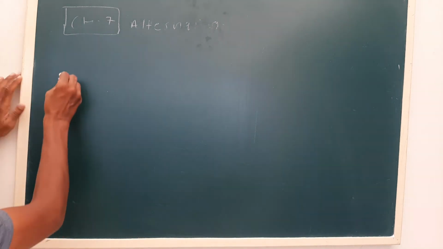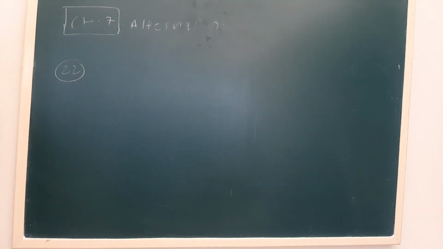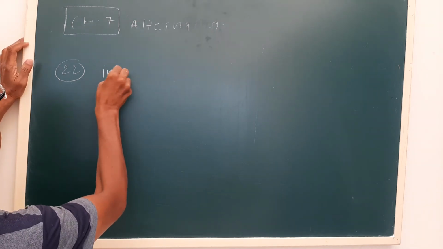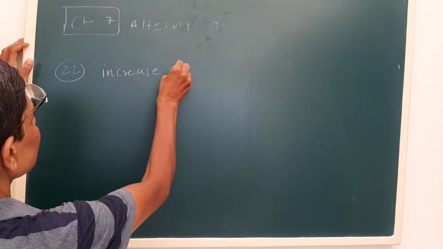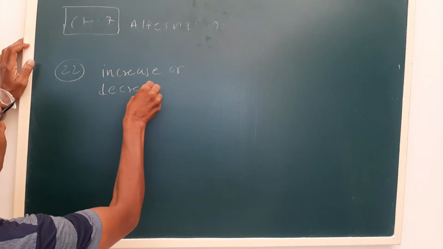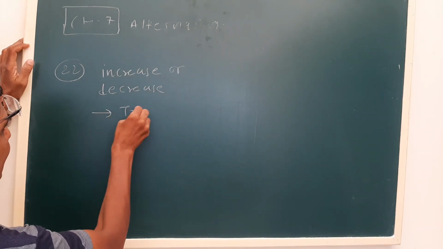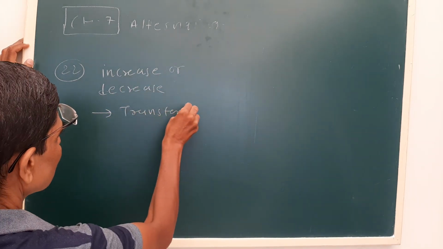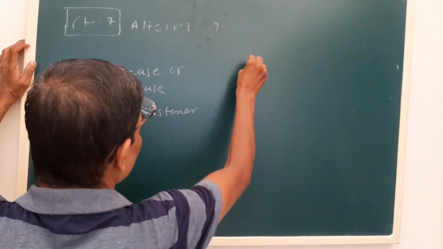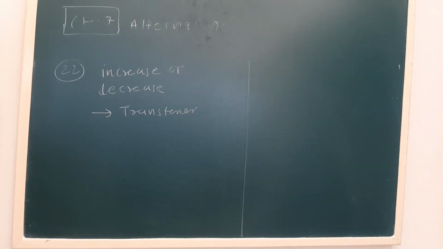Now MCQ number 22. Which method is used to increase or decrease the voltage? We have studied the theory part very well. So a transformer is a device by which we can increase or decrease the voltage.